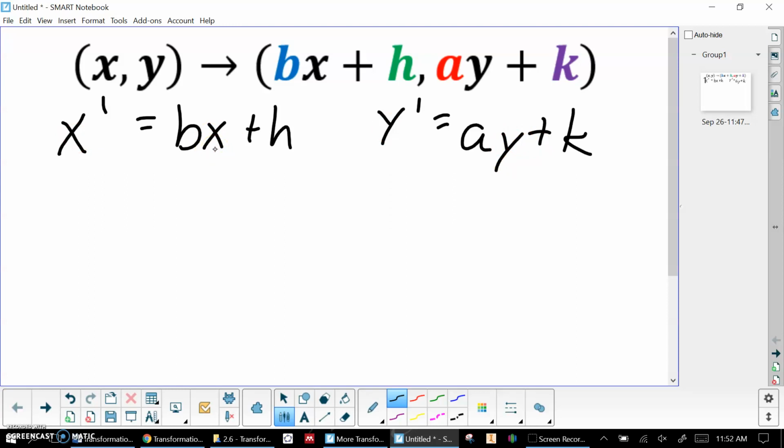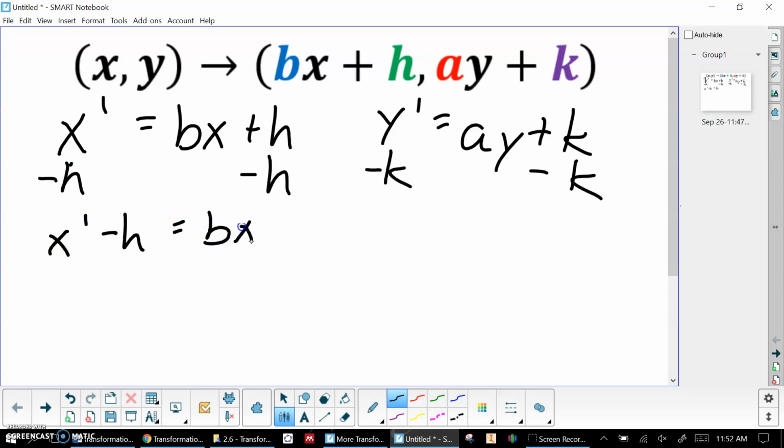Now, in order to substitute these values into our equation, we've got to solve them for x and y, because we're dealing with the original equation, y equals f of x, of some kind of function. To solve for x, we start off by subtracting h from both sides and subtracting k from both sides. So x prime minus h equals b times x, and y prime minus k equals a times y.